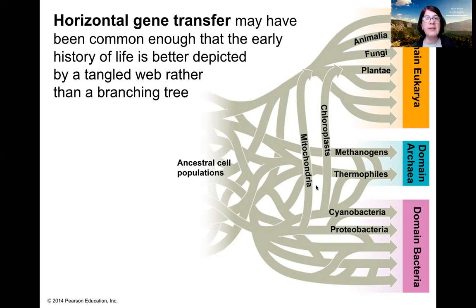Fusion of two organisms resulted in eukaryotes having mitochondria and chloroplast. So for these two branches, we know that we have to draw the tree this way. The other ones are just hypotheses, but the truth is that this is what the tree of life most likely looked like in ancient times, billions and billions of years ago.